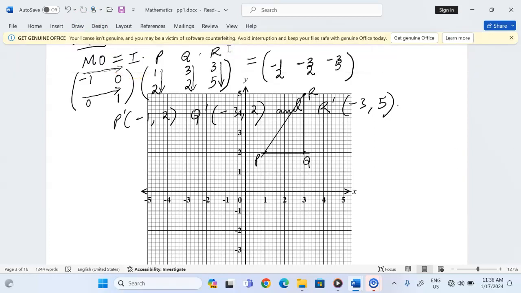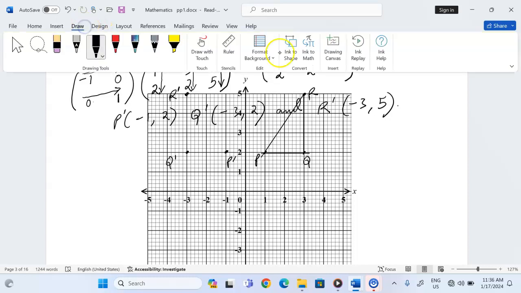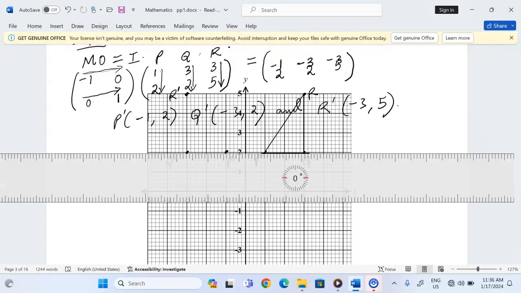The next one, according to the coordinates written here, is negative 1, 2, which is going to be here. That's P prime. Negative 3, 2 is Q prime. Then R prime is negative 3, 5, so R prime is at that point. When I bring my ruler here, I can join this one.